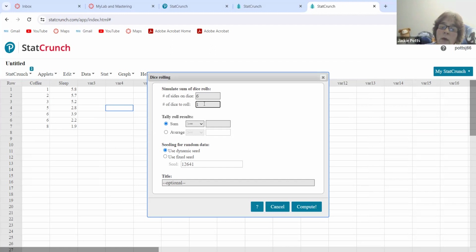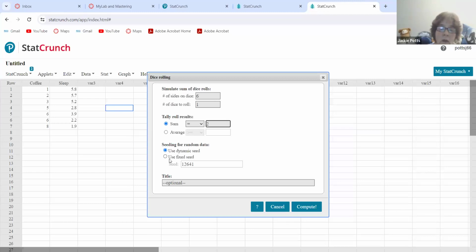Now, how many dice am I rolling? 1. So I'm going to say I want to equal 2. So in other words, we're doing the probability of 2. How many times 2 appears? Every time a 2 appears, that's considered a success over how many times we roll the dice.